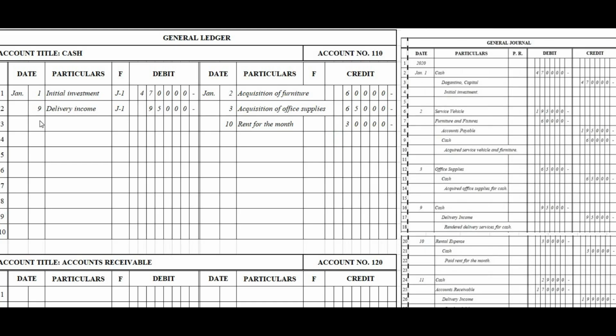So for transaction 11, there is receipt of cash. So for delivery income din. So assuming that this is already page 2. So you have 29,000.